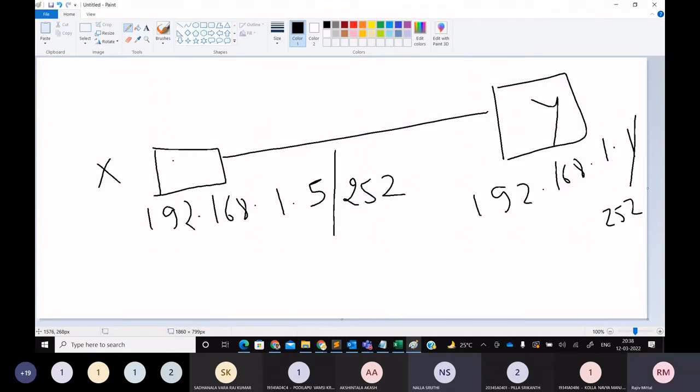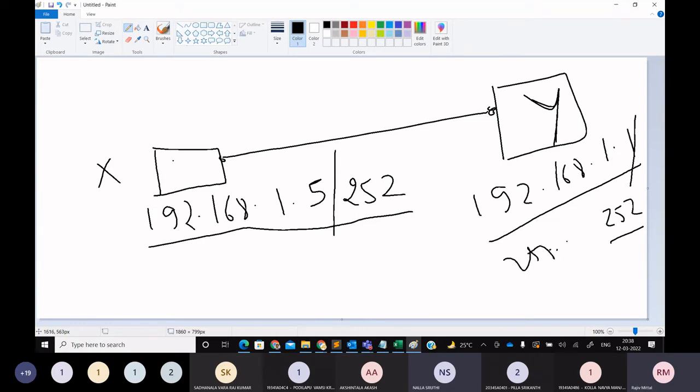There is one Mr. X whose laptop IP is 192.168.1.5/30, and his laptop is connected to Mr. Y's laptop whose IP is 192.168.1.1/30, right? Why I'm writing /30 is that it's actually 255.255.255.252. Or I can write the subnet mask in that slash part.